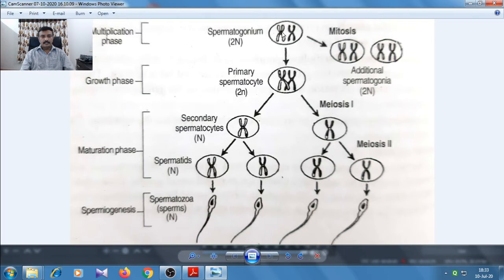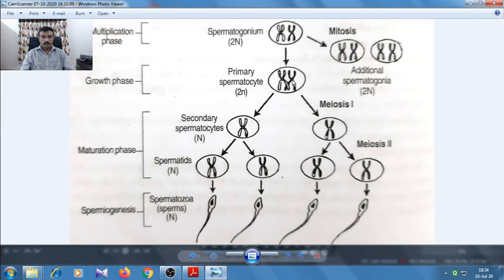Then some of the spermatogonial cells, which are diploid in our case, that is 2n, there are 46 chromosomes. When there are 46 chromosomes, it is indicated as 2n. Some of these diploid cells stop dividing and enter the growth phase.